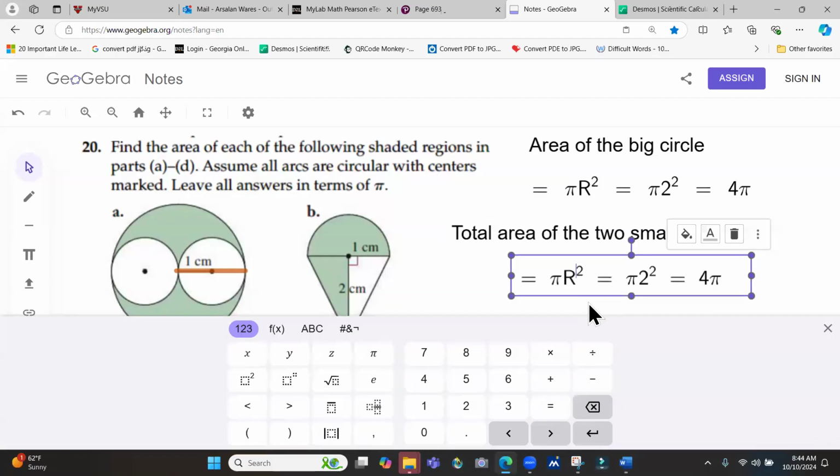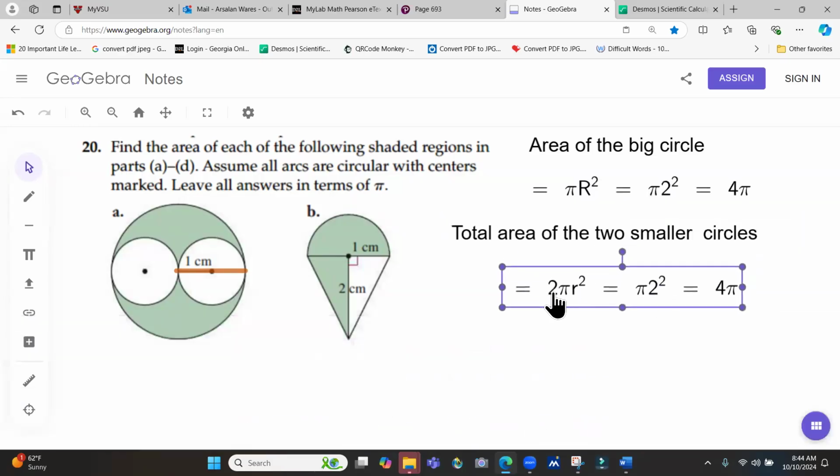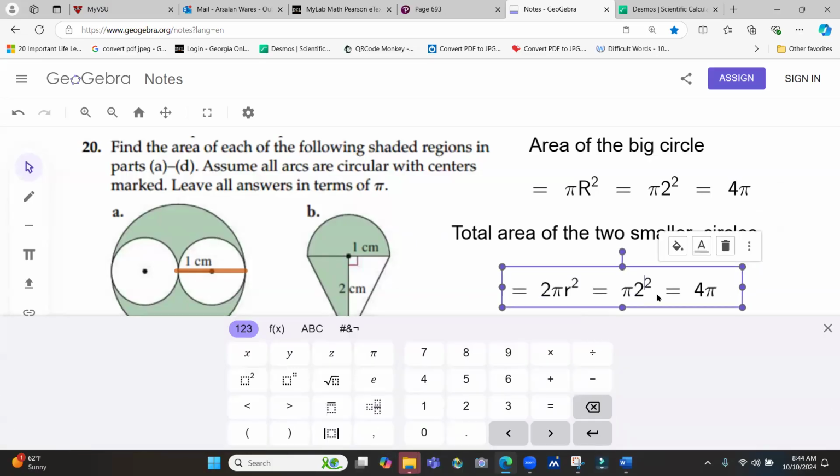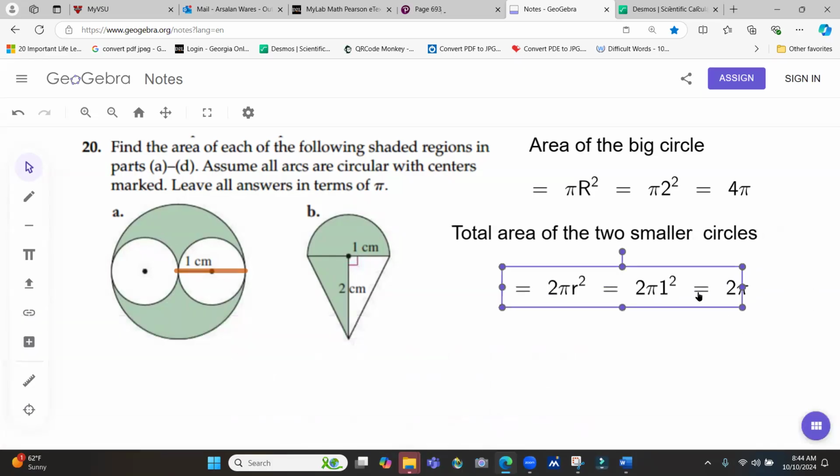So I'm going to make it a small r. And I'm going to stick a 2 here because I'm looking at two circles, 2 pi r squared. Pi r squared is the area of one circle, 2 pi r squared because there are two white circles. And this is going to be 1 squared, 2, and this is going to be 2 pi. If you simplify it, 1 squared is 1, 2 pi times 1 is 2 pi.